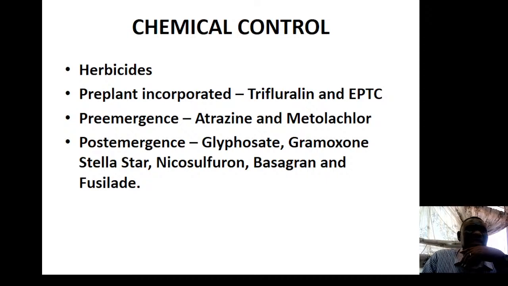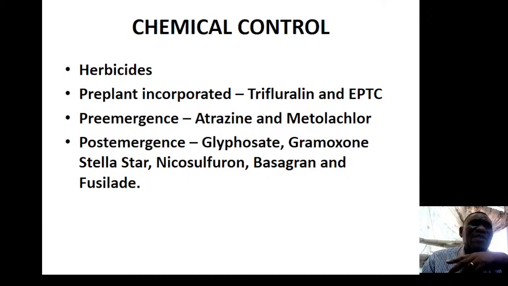I'm not sure whether these are being used by farmers. Then pre-emergence herbicides, for example, atrazine and metolachlor, but we do have a lot under pre-emergence herbicides. These happen to be old herbicide combinations.